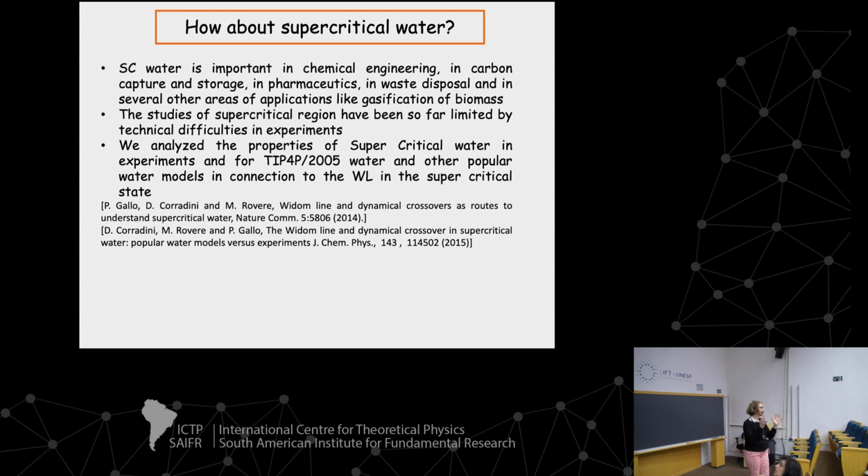You make a beautiful chamber, then you prepare the supercritical water, and supercritical water eats the chamber, melts it, destroys the chamber. So there are technical difficulties. We analyzed the properties of supercritical water in experiments and for TIP4P 2005 water, and then in a second paper with other popular water potentials.